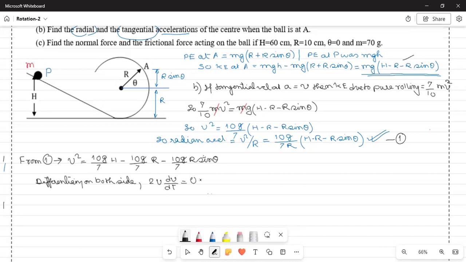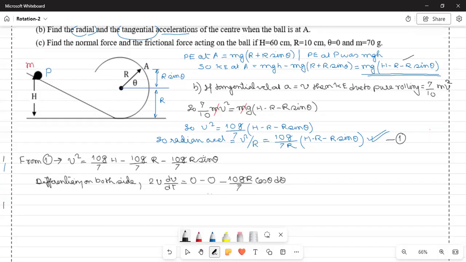Second one is also 0. Minus third one is 10gr by 7, differentiation of sine theta is cos theta d theta.